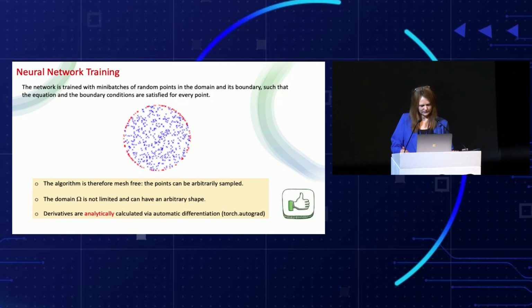And lastly, the derivatives are analytically calculated. That is because of the structure of the network, because it is infinitely continuous, and then we can calculate the derivatives of this network by automatic differentiation. If we are using torch, we can use the autograd function. If we are using TensorFlow, it's tf.gradients. So we have built-in functionality to have explicit derivatives of any order that we want.